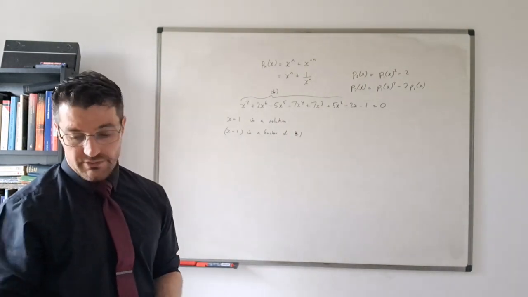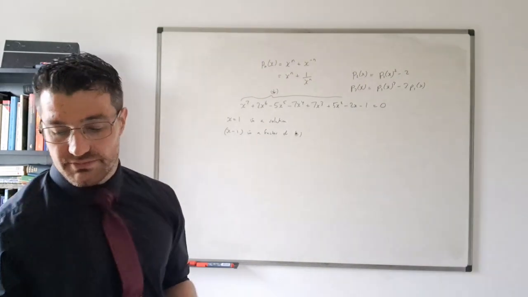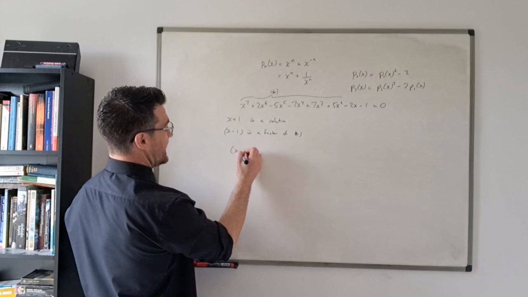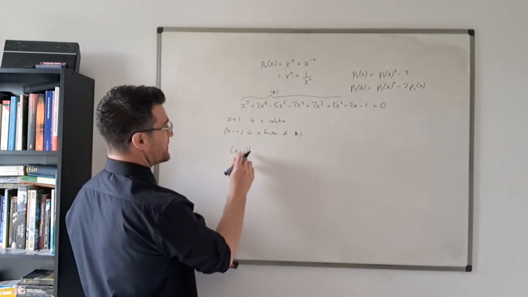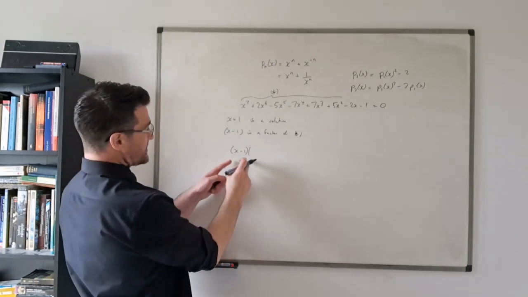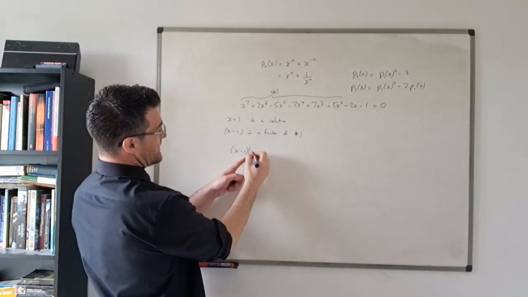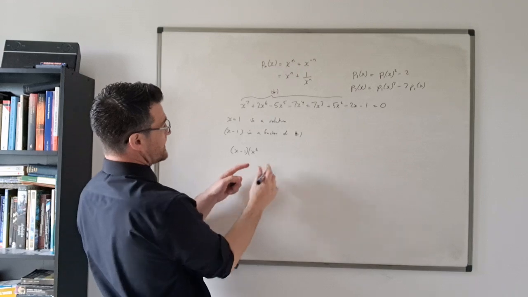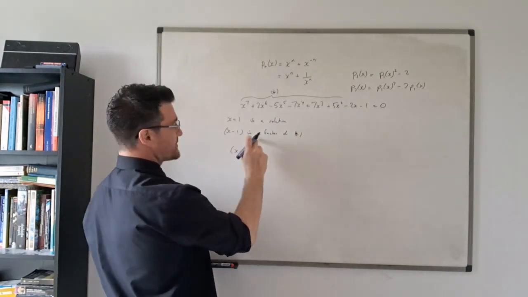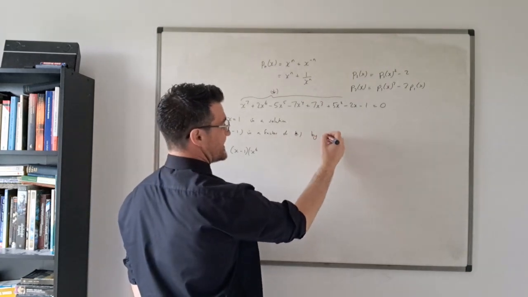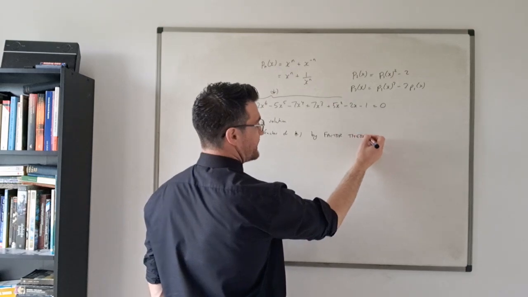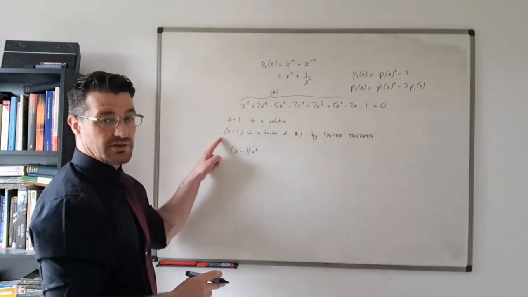So then you've either got to do algebraic long division, or if you hate doing algebraic long division like I do, then you can just compare the coefficients. So if I've got x minus 1 here, I need x to the power of 6 here. By the way, I would say here that x minus 1 is a factor of star by factor theorem, so that it's fully justified how I'm coming to this conclusion.